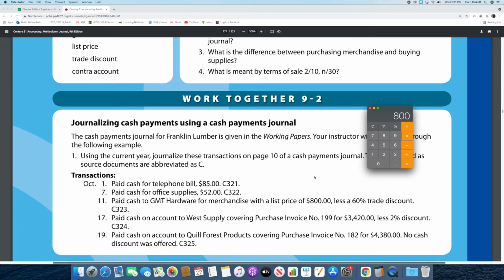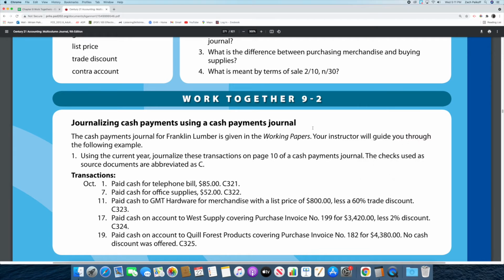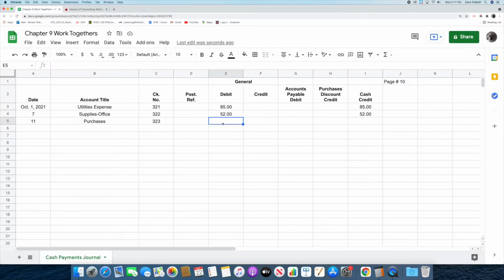So we're going to take 800, multiply it by 60%, which is 0.6, and that gives us 480. Then from here, we're going to take the 800 and subtract the 480. And that gives us 320, which is the amount that's going to be recorded in the general debit column and also the cash credit column. Okay, so that was the third transaction.